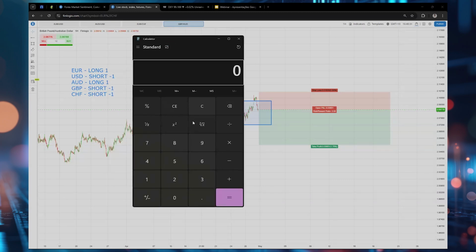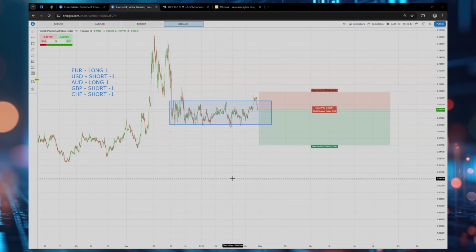There you go. 1 minus 1 plus 1 minus 1 minus 1 equals -1. So the delta of the portfolio is -1. What that means is if the market goes up, we lose money. If the market goes down, we make money, because we are -1 compared to all the pairs we're trading. So yeah, that's pretty much it. The majority of the portfolio is short. We have 3 shorts and 2 longs.